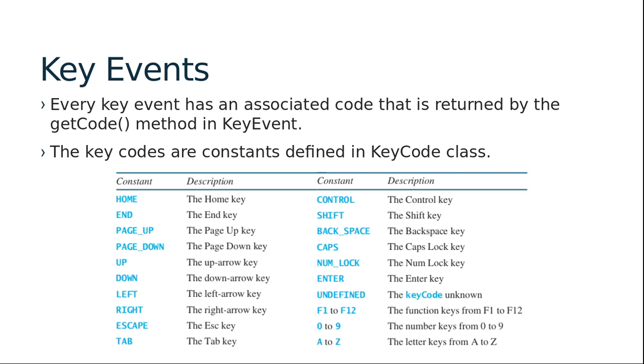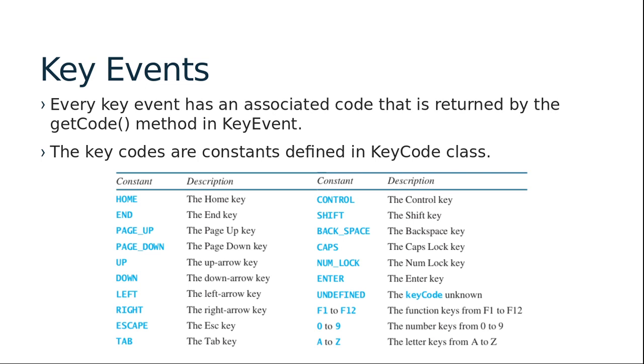So these are the constants: left, right, up, down, escape, tab, control, shift, backspace, caps lock, and all constants. And these constants are key codes actually. And these key codes are defined in the key code class.